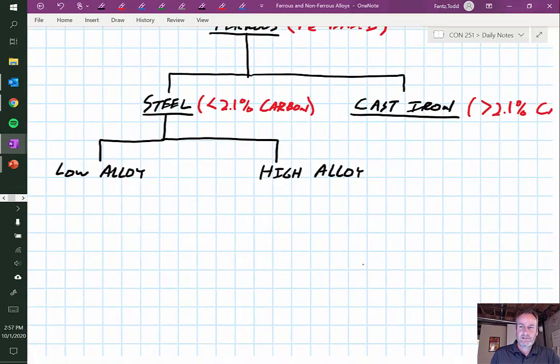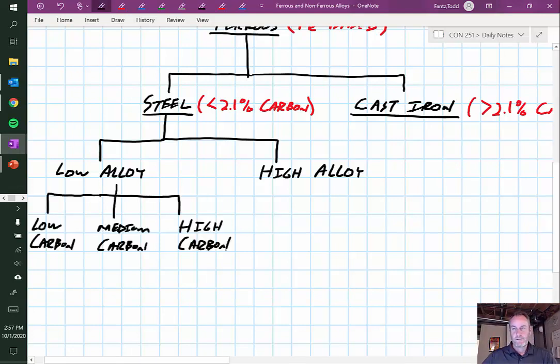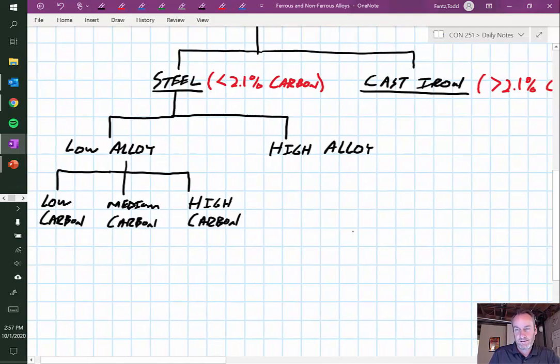Because it's carbon based, there are not very many alloying elements. We can differentiate that into three categories based on their carbon content: a low carbon, a medium carbon, or a high carbon. Because there are not very many other alloys, the carbon will really dictate the characteristics.